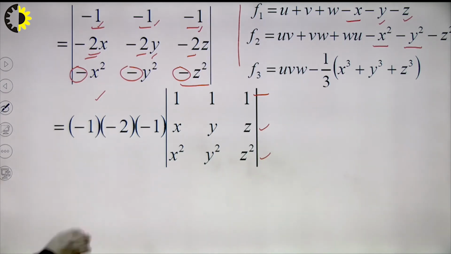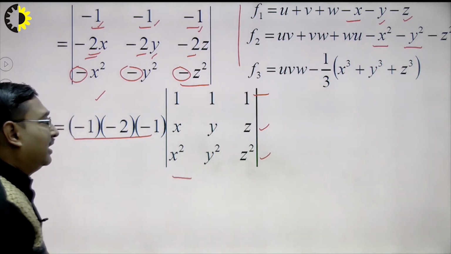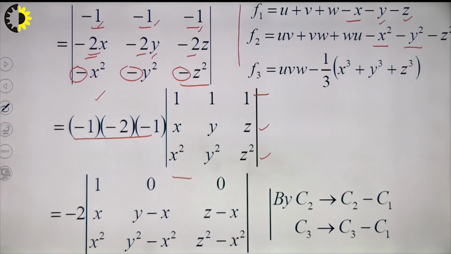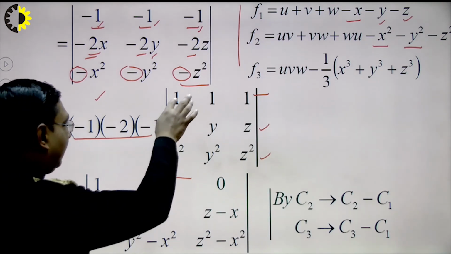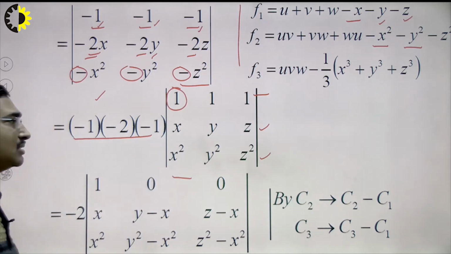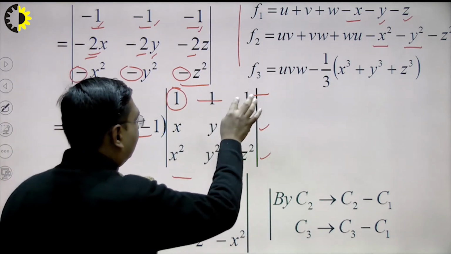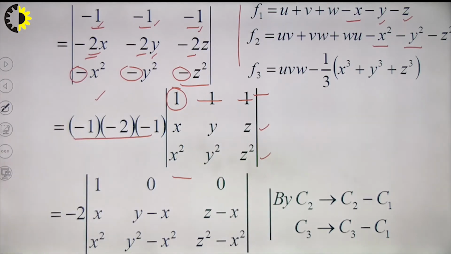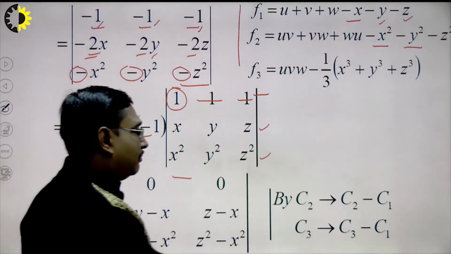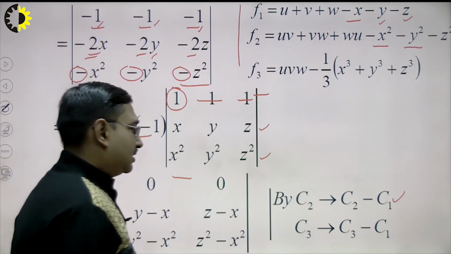Simplifying it, this becomes 2, and I need to further simplify this determinant with the help of elementary transformations. What do I do? Here this one is present. With the help of this one, we shall convert this and this to 0. For this, I apply these transformations.